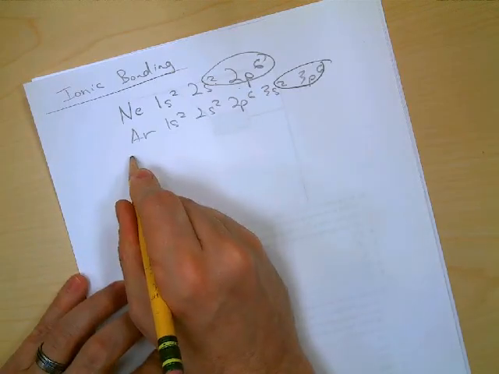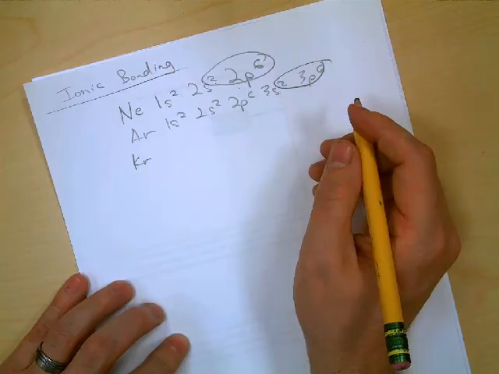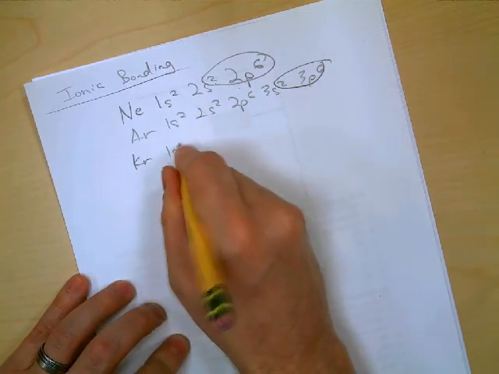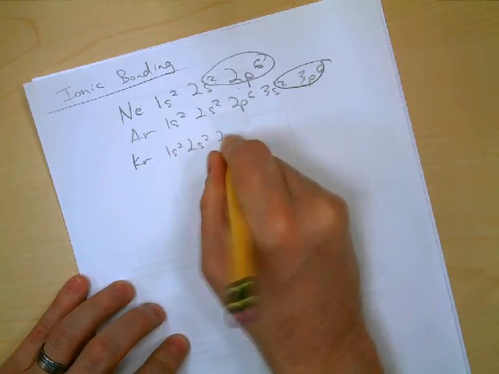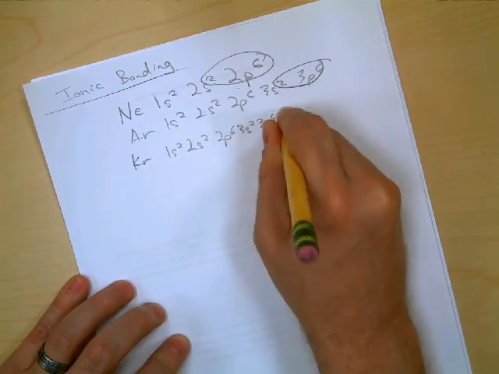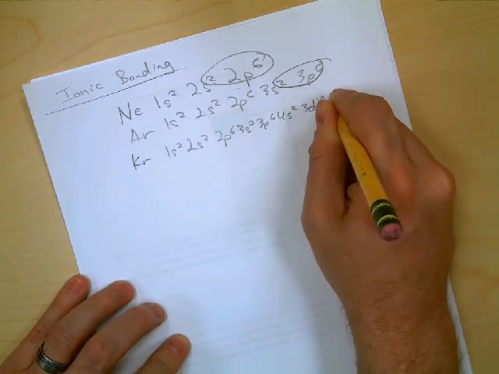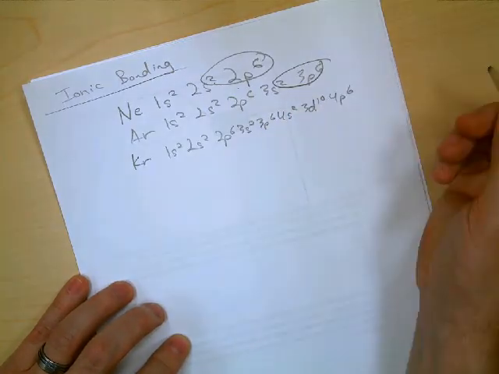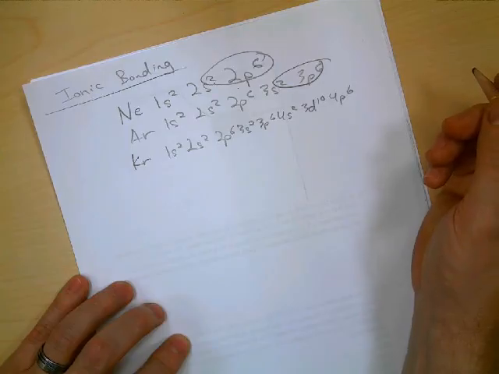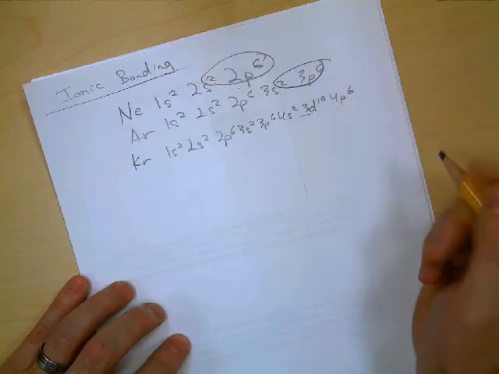If we go to krypton, I'll do the outer energy level. Now, remember how we fill: 1s2, 2s2, 2p6, 3s2, 3p6, 4s2, 3d10, and 4p6. And you might think, oh, that's 18 electrons on the outer level, except that the 3d is the third energy level, right?